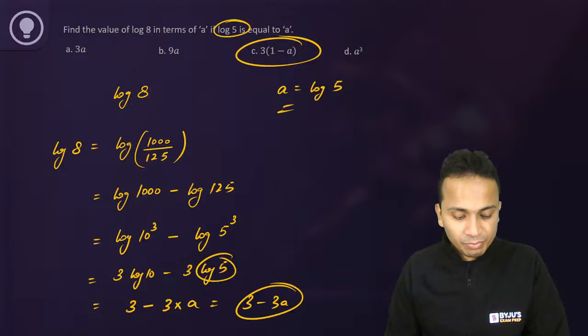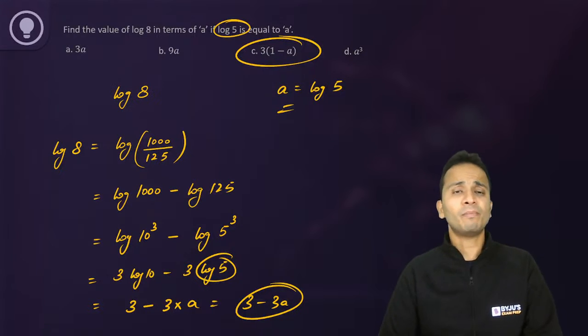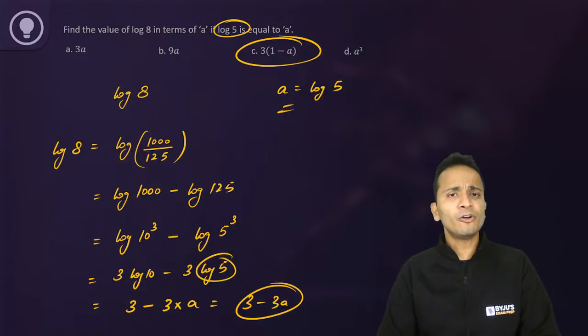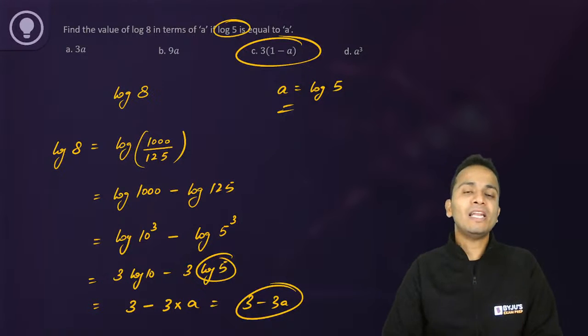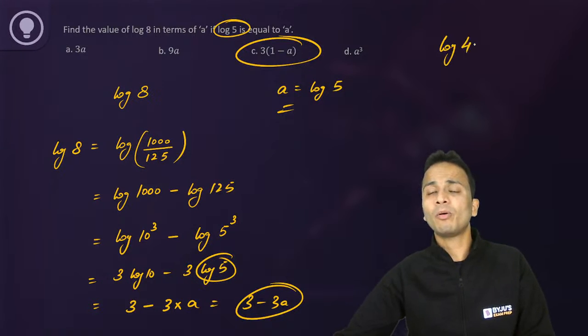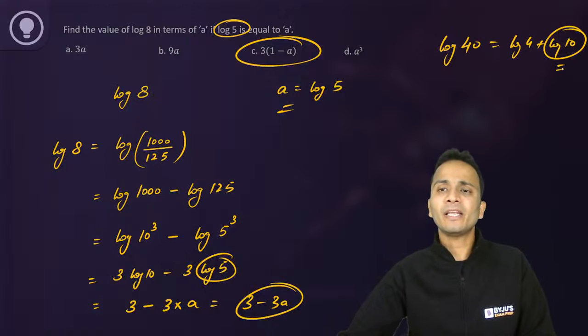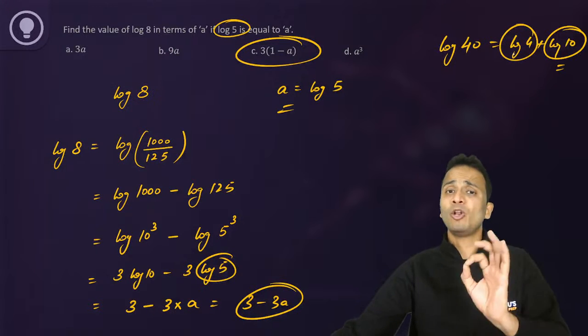Now let's keep it real. Has asked why not 40 upon 5. Now if I write it as 40 upon 5, I will introduce 5, but how will you be able to calculate the value of log 40? Log 40 will give you a problem because log 40 can be written as log of 4 plus log of 10. Log 10 can be taken care of, but again problem karega ye log 4.